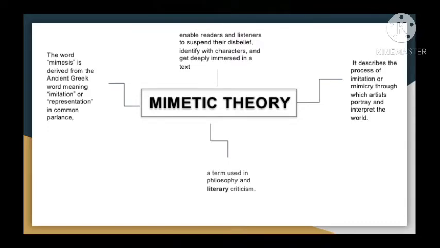So that's why at some point readers get easily attached or can relate to the work, because some of the situations presented in, say for example, a book have happened to the readers in real life or will possibly happen to them in the future. So that is the description or the concept of mimetic theory.